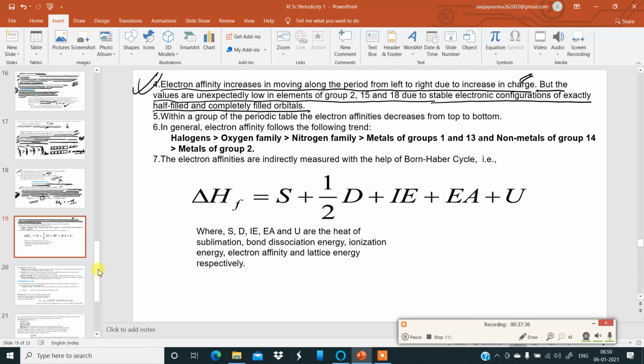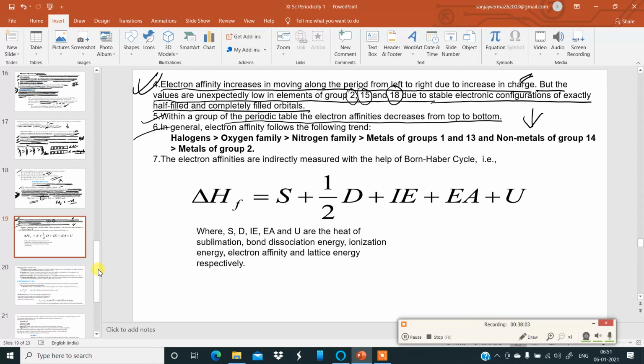Very important point to remember: half-filled and completely filled orbitals have extra stability. That is why the electron affinity values are unexpectedly low in these groups 2, 15, 18. Within a group of the periodic table, electron affinity decreases from top to bottom.